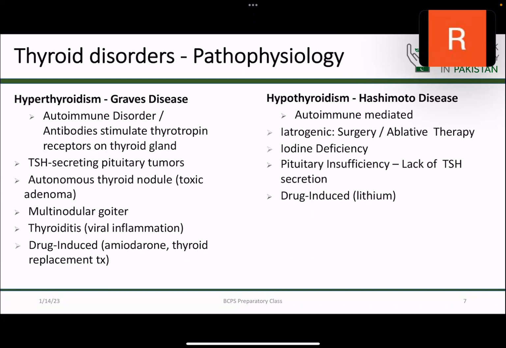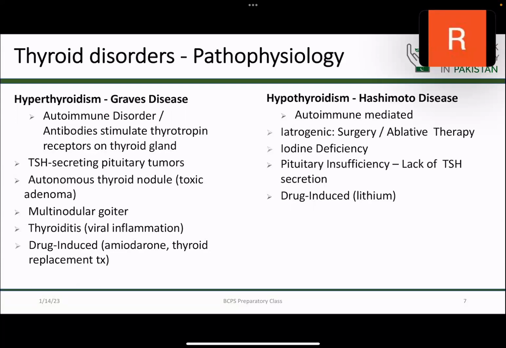So there could also be other states which result in hypothyroidism. For example, surgery or ablative therapy which has been performed on a patient of hyperthyroidism can result in hypothyroidism. A patient came with hyperthyroidism, and the physician performed a surgery or ablative therapy, but because now the thyroid gland is gone, the patient may go into a hypothyroid state.